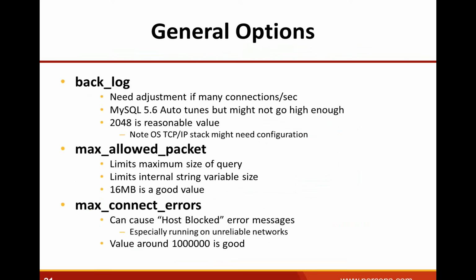I find something like 2,000 is a good value for a high number of connections per second, or spiky number of connections per second. Note, if you set this value to relatively high values, you may want to check what your operating system allows, because what backlog sets is the listen queue, which may be limited per your operating system configuration.